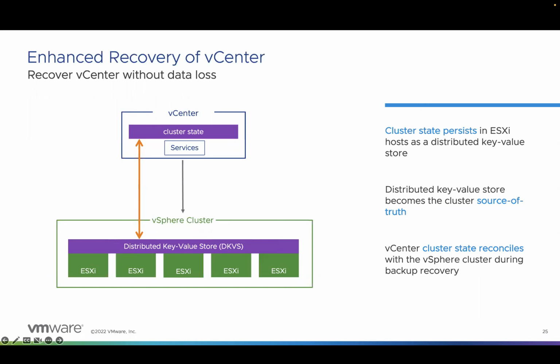So traditionally, we look at vCenter as being the source of truth when it comes to the state of our environment, the settings, where all the objects exist, and things like that. And that's been the way we've done things for quite a while. But we've kind of learned, and you probably know yourself, that sometimes vCenter may not be the right place to look for the most up-to-date information.